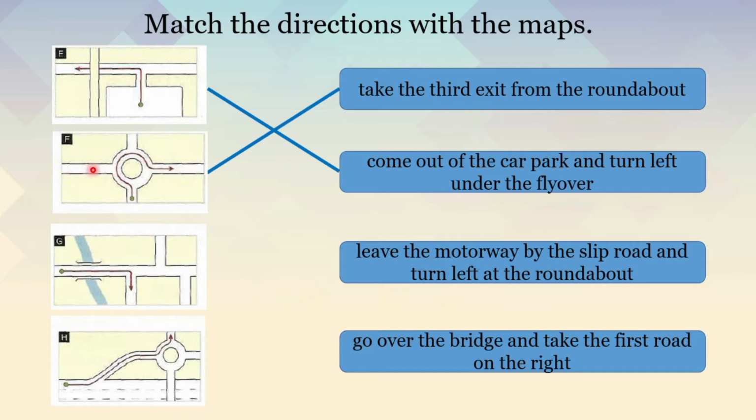This is the first exit, this is the second exit, and this is the third exit. G. Go over the bridge. This is the bridge here. And take the first road on the right.